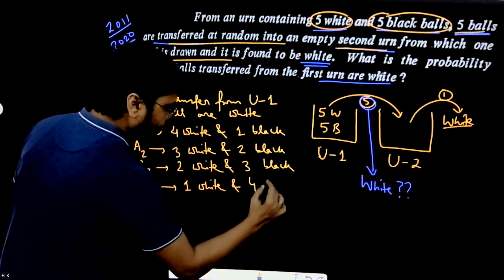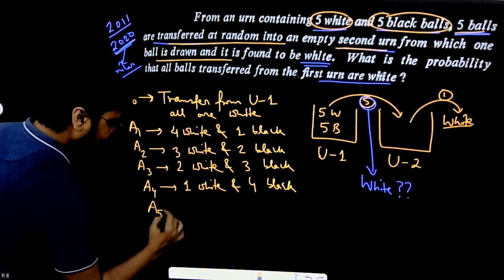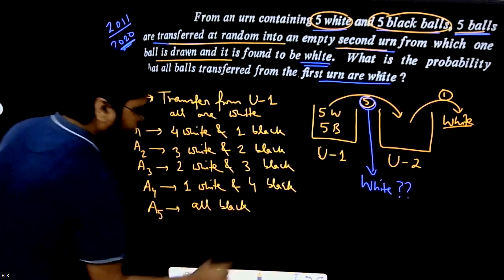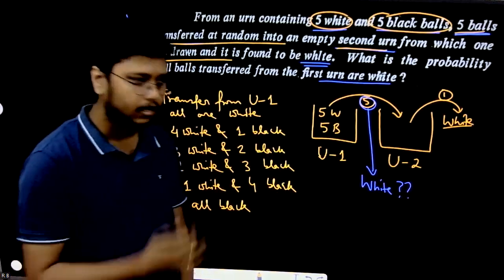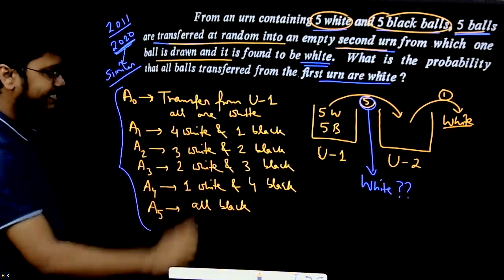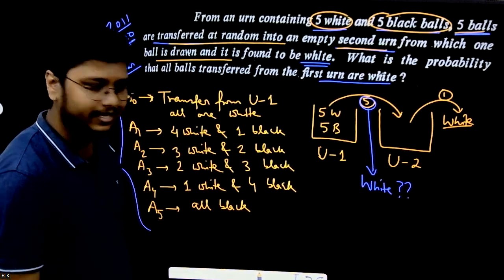A4: 1 white and 4 black. And finally, A5: all black. Okay, all the balls transferred are black. So these are the possible 6 scenarios that can happen, A0 to A5.